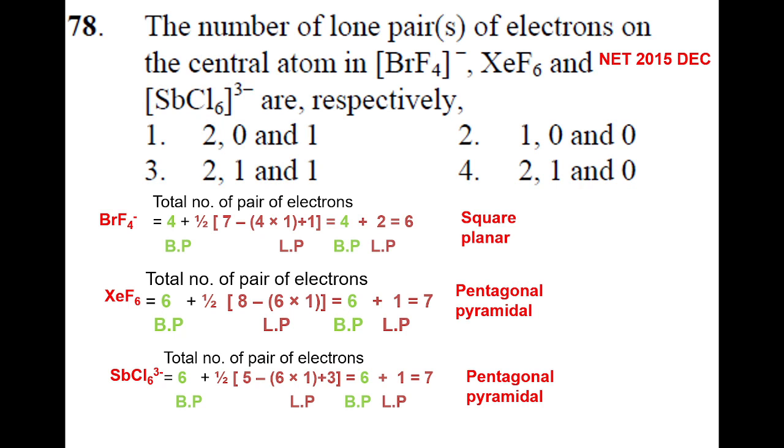So the central atom is antimony, like nitrogen, the number of outermost electrons is 5. So in the case of SbCl6 3 minus, also the number of lone pairs is 1. So 2, 1, 1. So option number 3 is the right answer. Sorry, this is wrongly written, answer number 3 is the right answer.